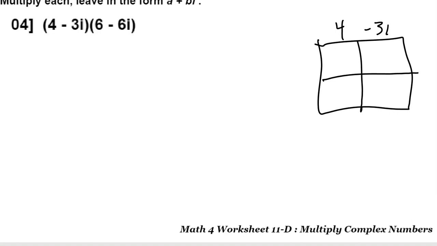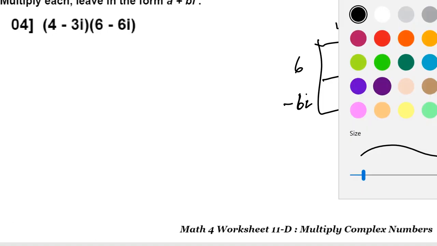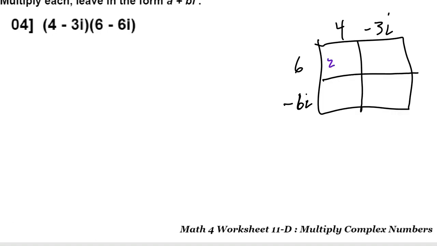4 minus 3i, 6 minus 6i. 6 times 4, 6 times -3i, -6i times 4, -6i times -3i equals a positive 18i squared. -24, -18 make -42.